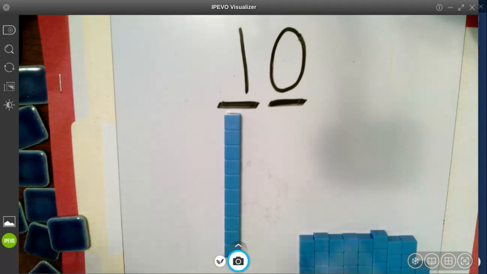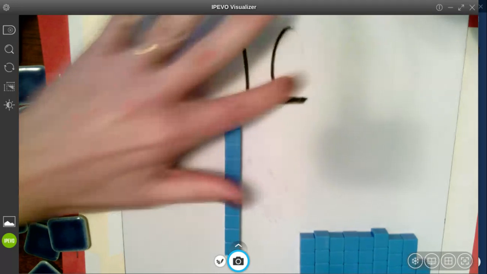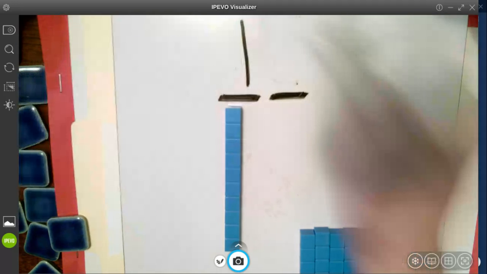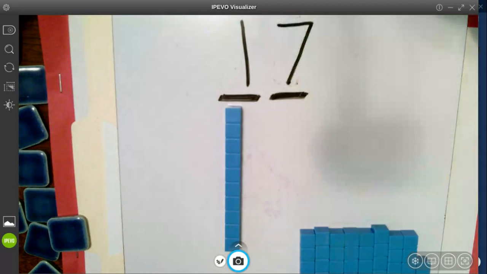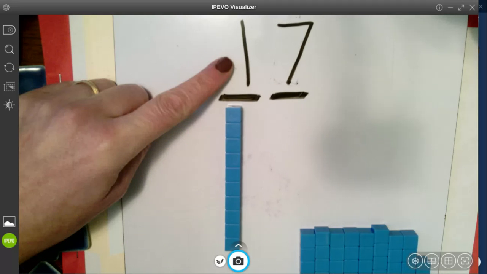Now I'm going to keep that just like that, and this time I'm going to erase my 10, and I'm going to leave my 1 there in that spot, and I'm going to turn my 10 into 17. What should I do now? Go ahead and do that on your board. Good job. So now I have one group of 10 for 17.